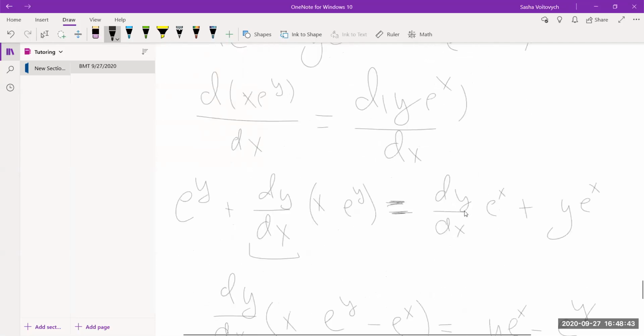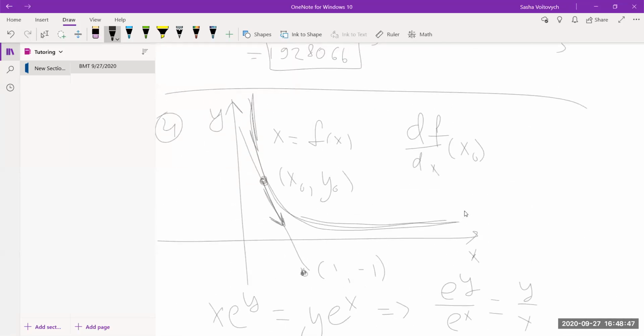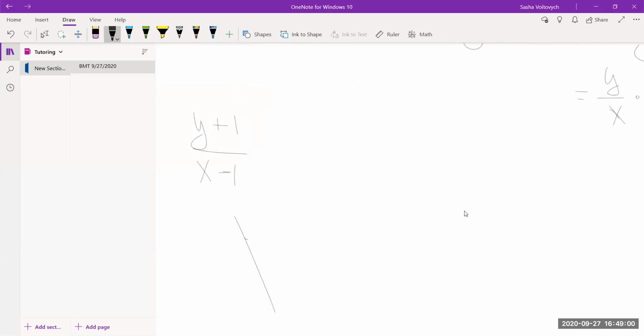So we need our tangent to pass through this point. In this case, the slope would be (y + 1) over (x - 1), because the line passes through (x, y) and also (1, -1).